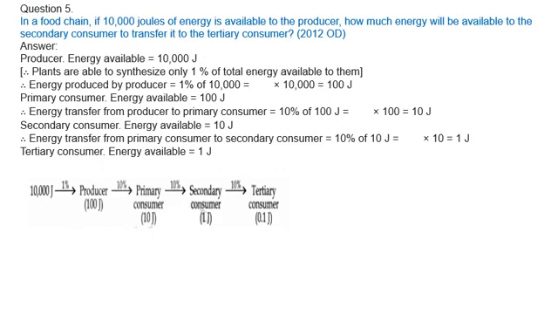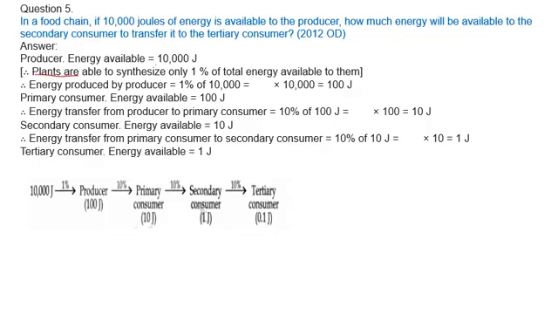Coming to the next question: in a food chain, if 10,000 joule of energy is available to the producer, how much energy will be available to the secondary consumer to transfer to the tertiary consumer? Now, there's a little change in this question, which is quite similar to question number 1. At the first level we have plants.